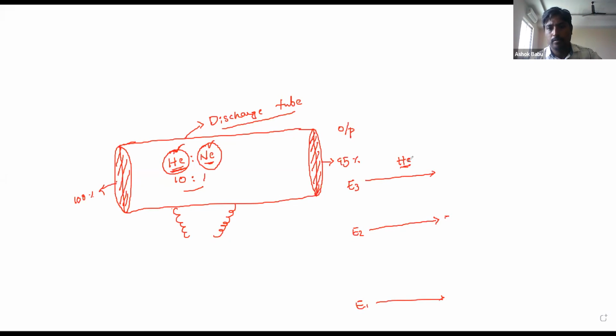Coming to neon, neon has 6 energy levels. This is E6 and this is E4. In between we have E5. After that E3, E2 and E1, the ground state.